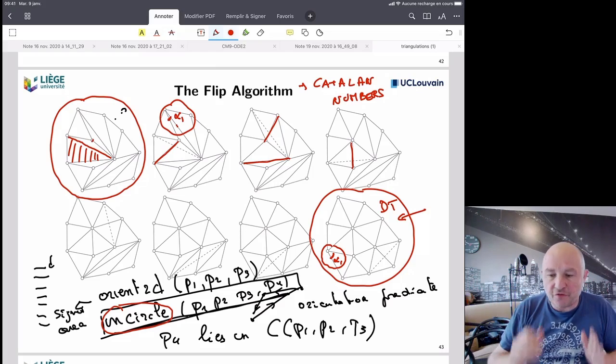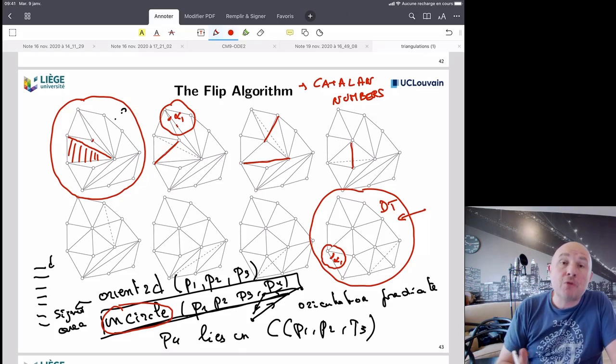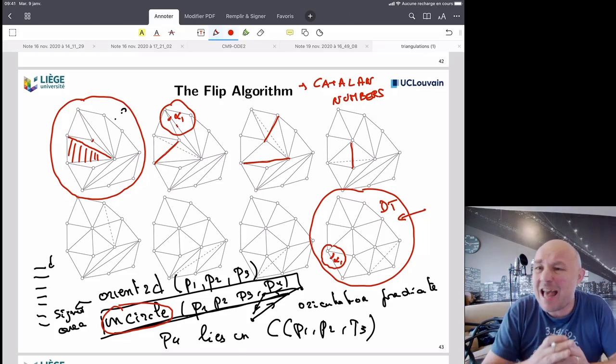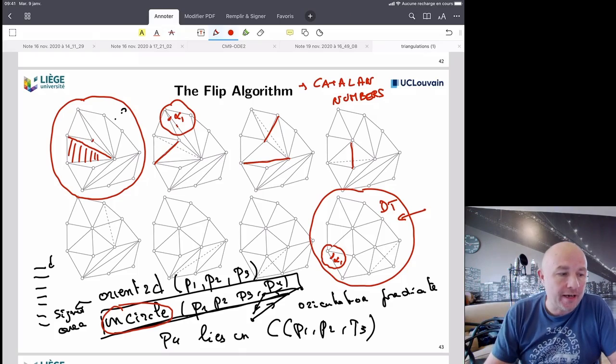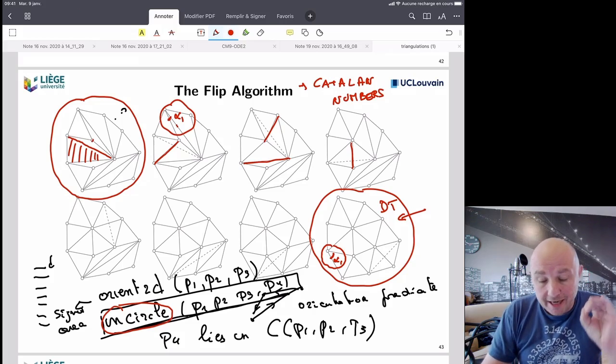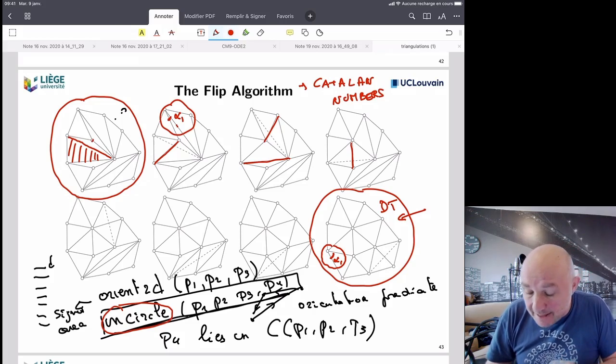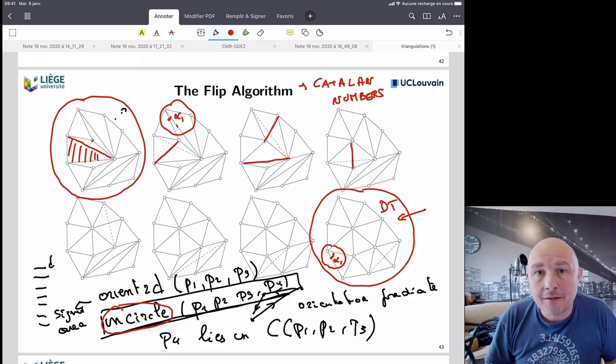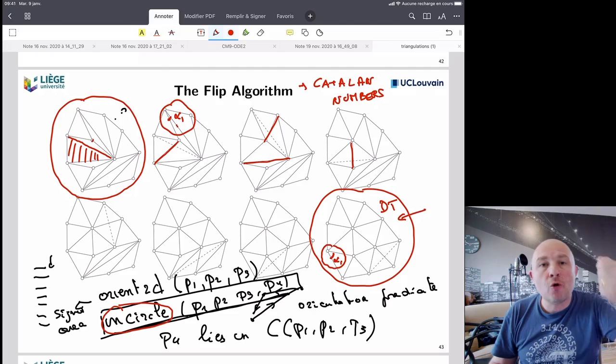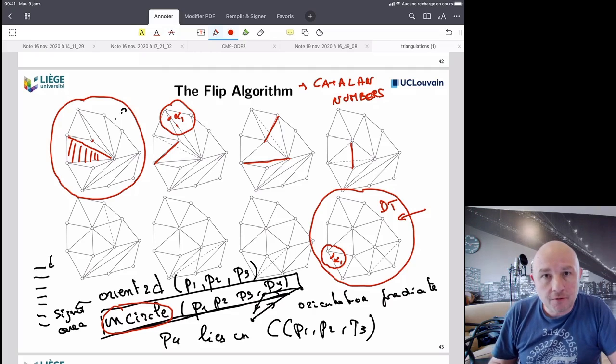But there is a finite number of triangulations of a set of points, super large. Among all those triangulations, the unique Delaunay triangulation is the one that maximizes alpha 1. It maximizes the smallest angle among all triangulations.